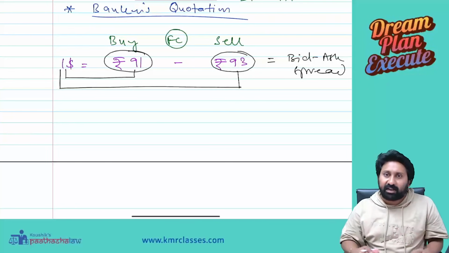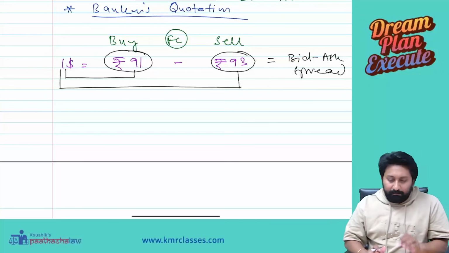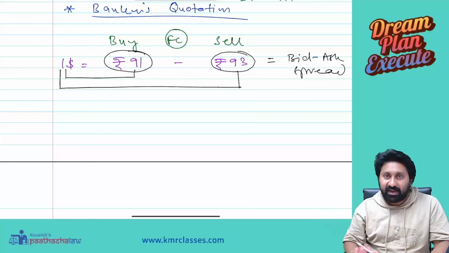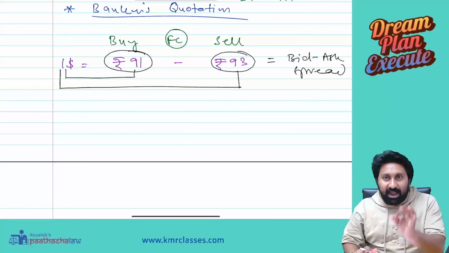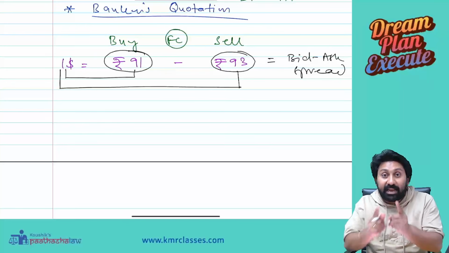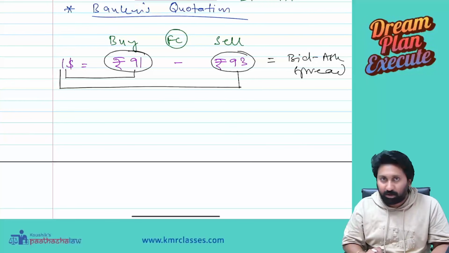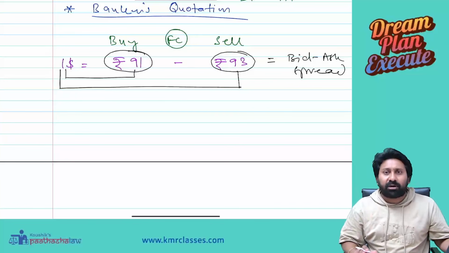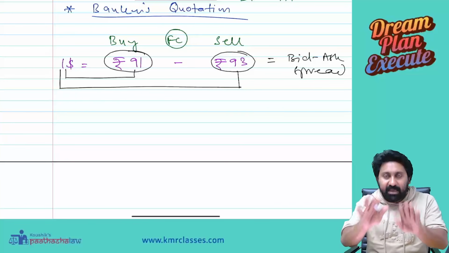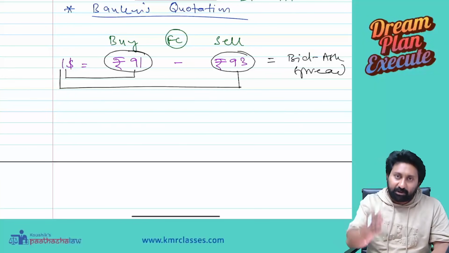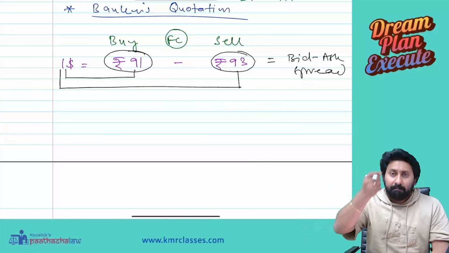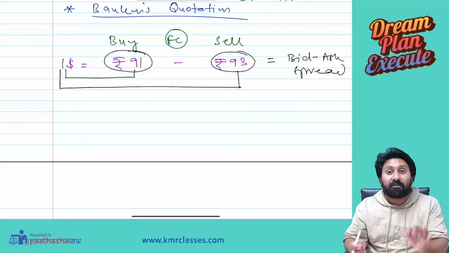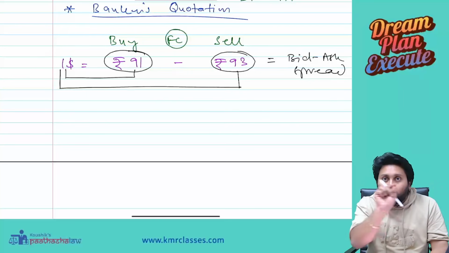So the bank always buys at a lower rate and always sells at a higher rate. In simple language, banks never make a loss in a quotation. Take any given quotation: the banker never makes a loss because he buys at the lower rate and sells at the higher rate, making an obvious gain, which we call the bid ask spread, the profit made by the banker in a quotation.